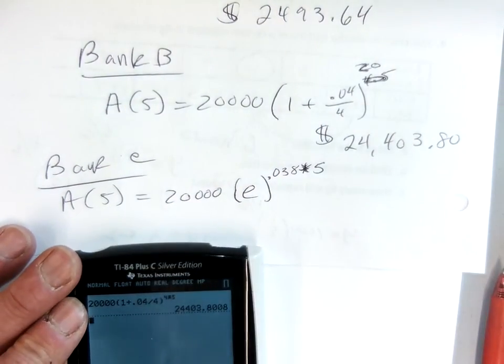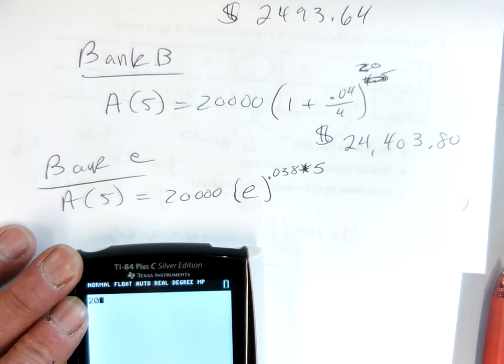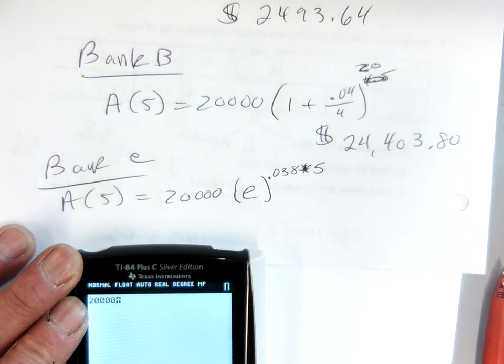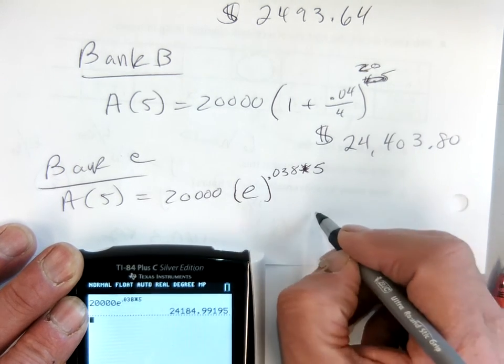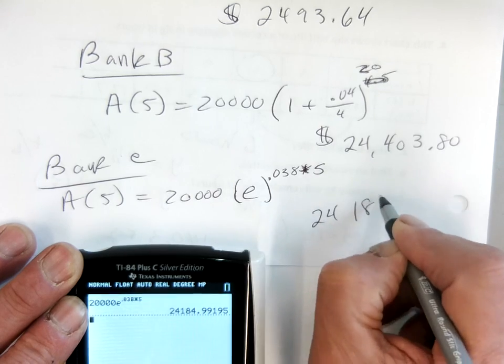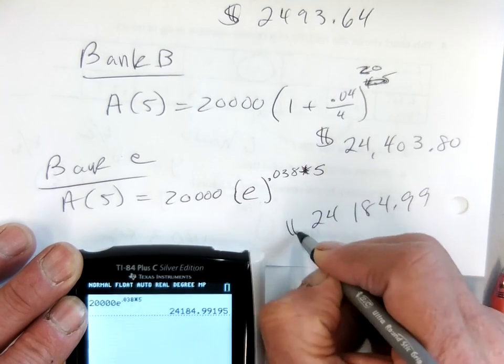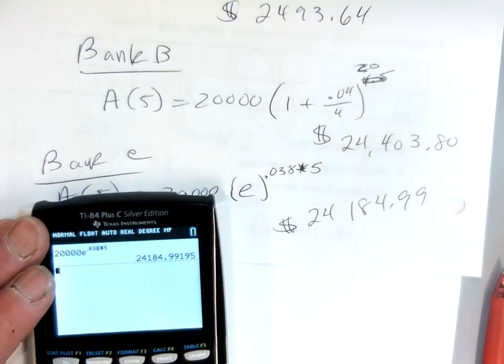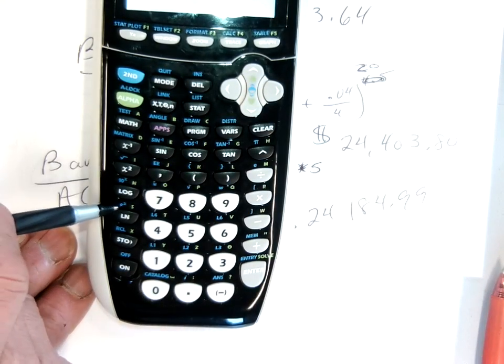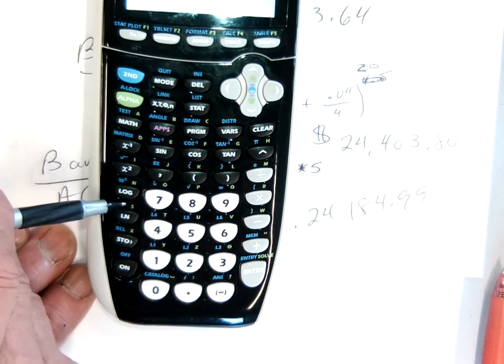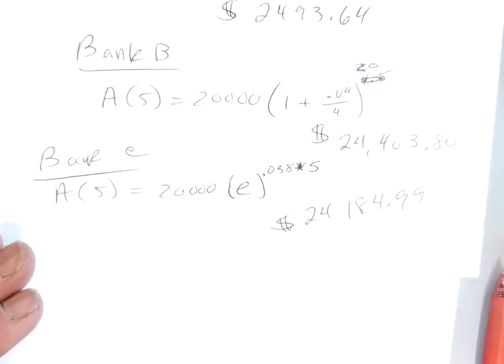Since we're going to compound it continuously, 20,000, e button, 0.038 times 5. And I get an answer of $24,184.99. The e button is right there. Do you see it right there, Greer?